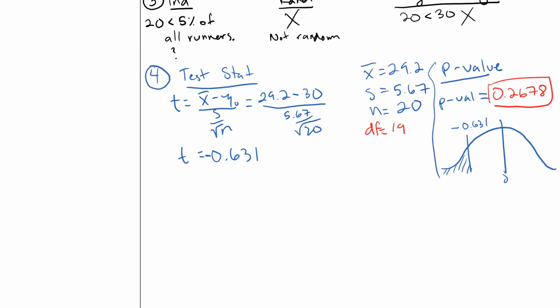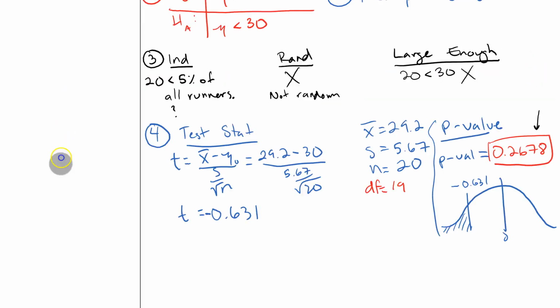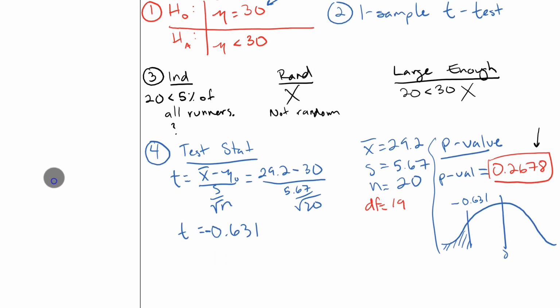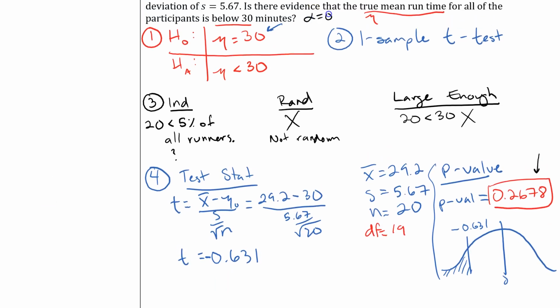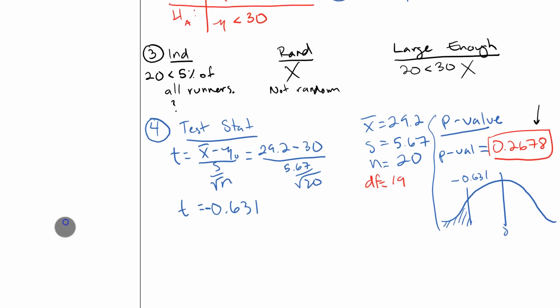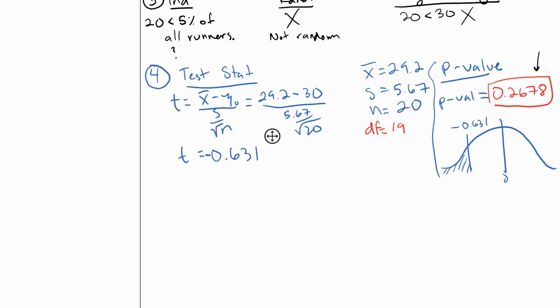And now our conclusion, well, we're going to do the same thing. We just compare this p-value to our alpha. Now, no alpha was given to us, so we can just assume our most common one, again, is 0.05 for our level of significance. So we can just write our sentence.